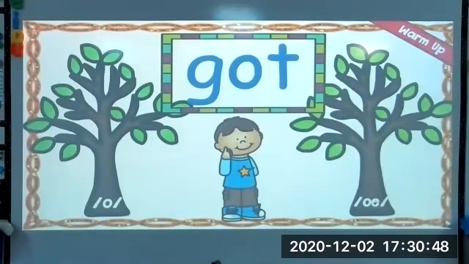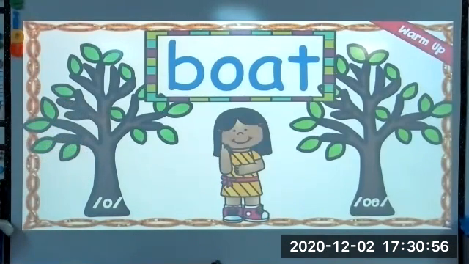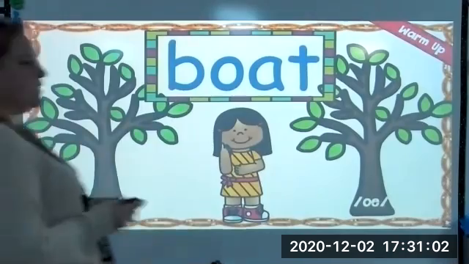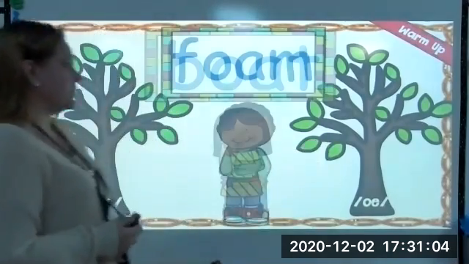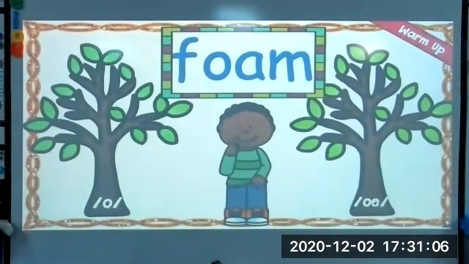We got the word toast on there twice. Got. Where should got go? That's right, it should go on the aw tree. The word boat. Where should boat go? It should go on the O tree. Foam. Where should foam go?